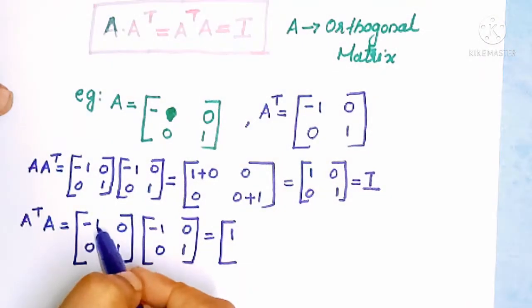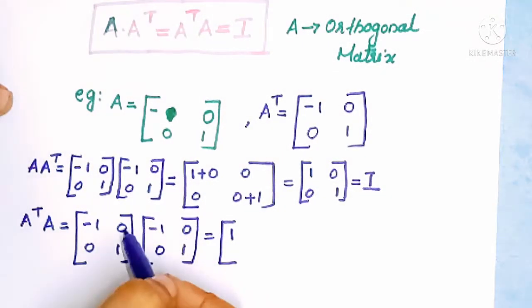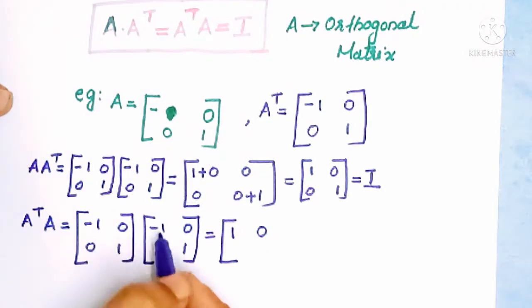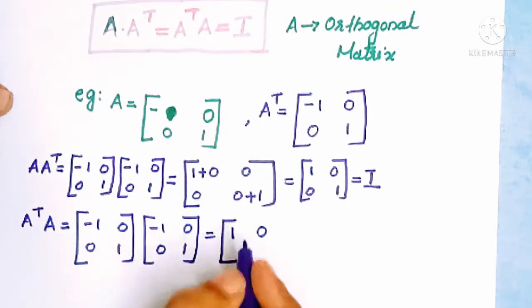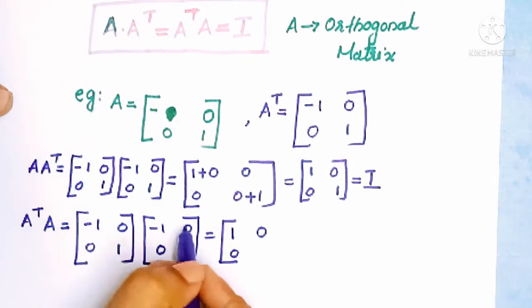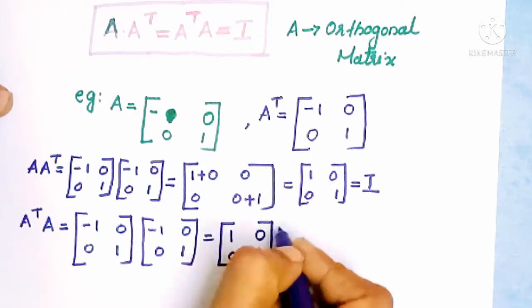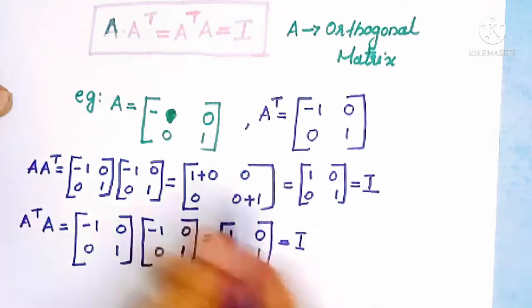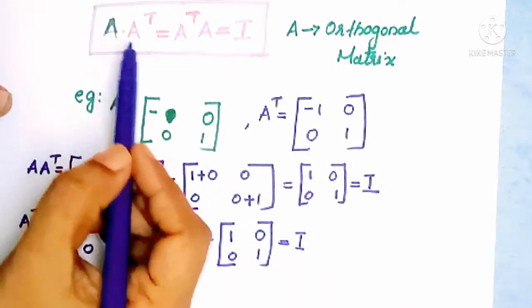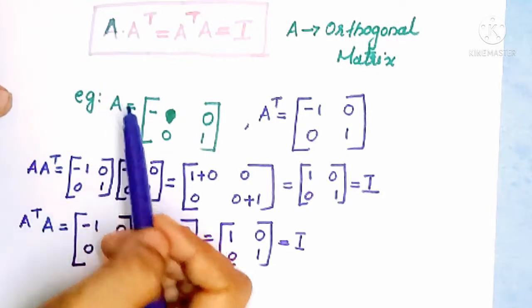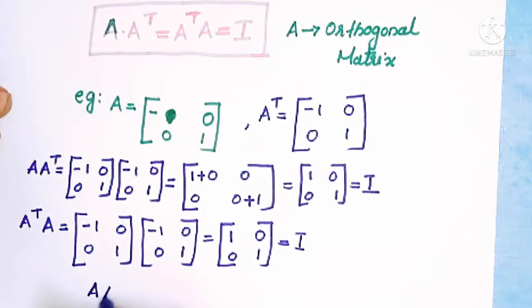Then -1 into 0 becomes 0. 0 into 1 becomes 0. Then 0 into -1 becomes 0. 1 into 0 becomes 0. 0 into 0 becomes 0. 1 into 1 becomes 1. Here we get I. So this matrix A satisfies this condition, and we can call it an orthogonal matrix. Here we get A into A transpose equal to A transpose into A is equal to I.